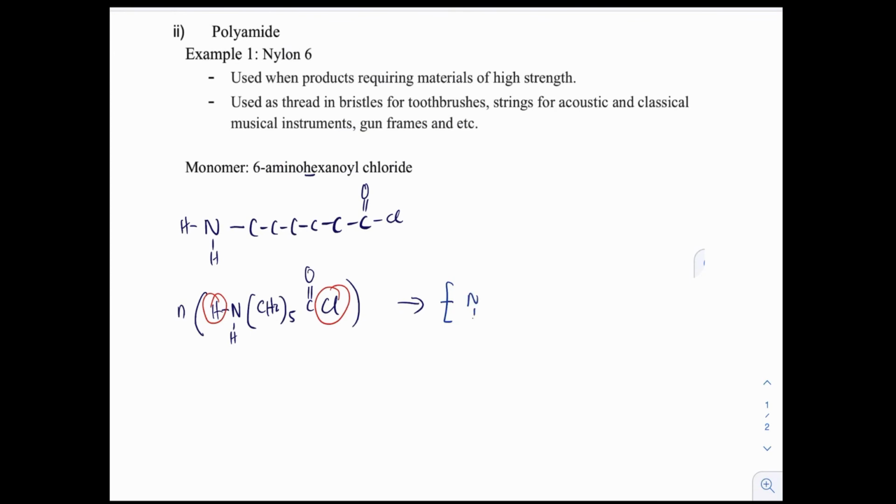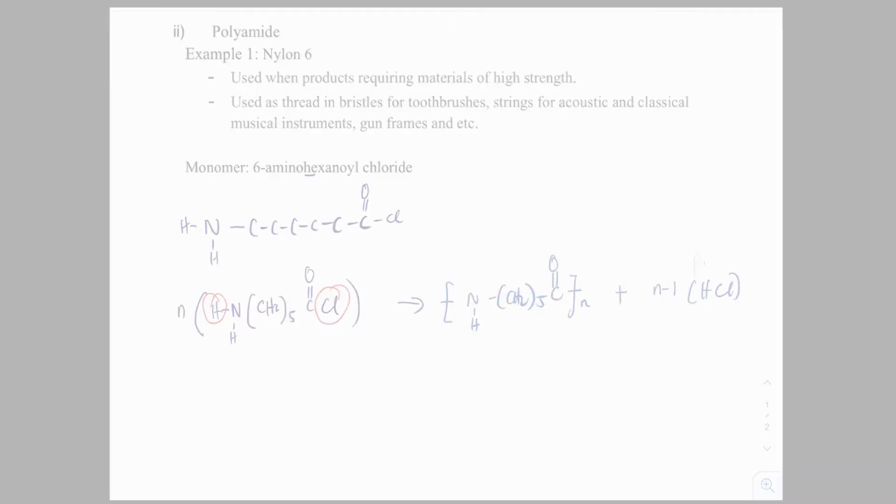So therefore you will get NH, CH2 5, C double bond O as the polymer, and you will get the side product as n-1 mole of HCl. Why is that n-1? Just imagine if, let's say, you have 3 monomers of this, you will only remove 2 HCl. So therefore, it is always n-1.